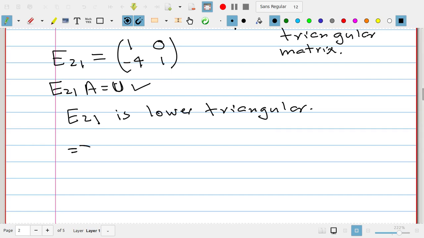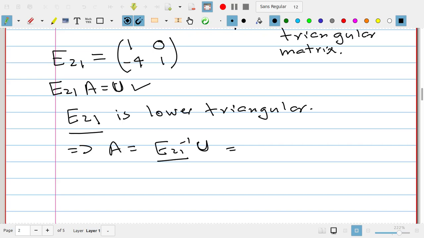So in that case, A equals E21 inverse times U. Now, since E21 is lower triangular, E21 inverse will also be lower triangular because of the theorem that we stated here and you will prove in your assignment.